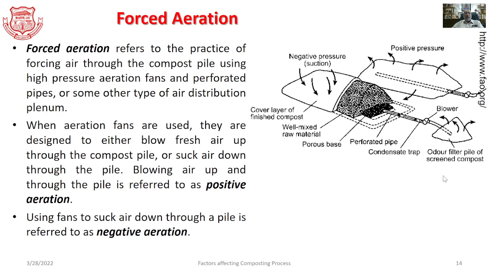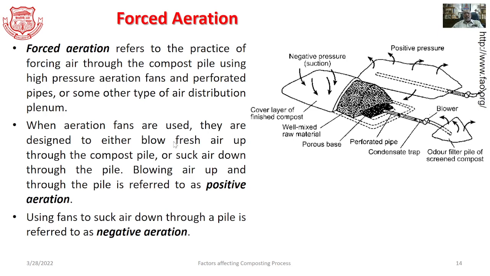In order to facilitate this aeration, one can adopt various mechanisms. So, forced aeration refers to the practice of forcing the air through the compost pile using high pressure aeration fans and a network of perforated pipes which are installed on an impervious platform.